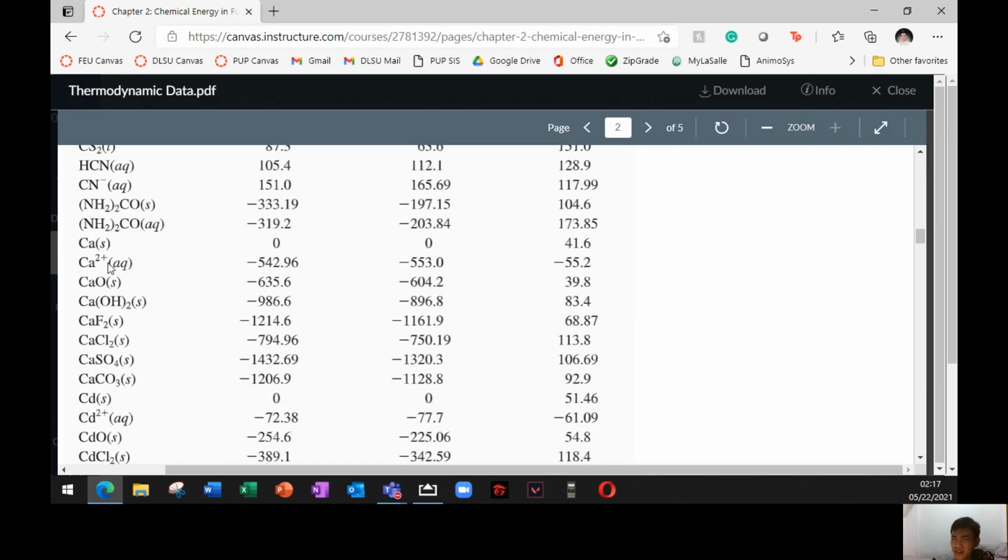For calcium 2 plus aqueous, it has a value of negative 553.